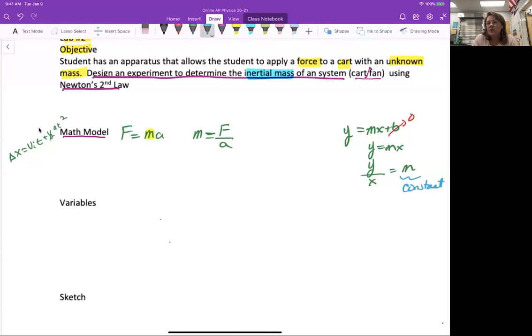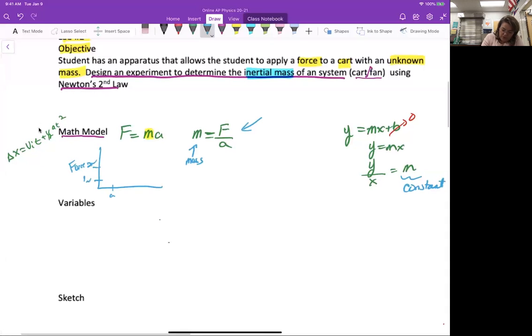Okay, that's because we have a linear relationship. So just based on this equation right here, the mass is a constant item. It's not changing. Okay, so if I were to take some force measurements, say I put a force of 1 Newton on it and measure the acceleration, and then I put 2 Newtons on it and measured the acceleration and plot that data, I can find the slope, and that slope would be equal to that mass.